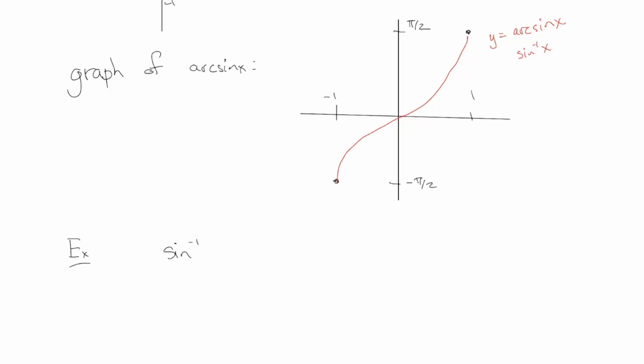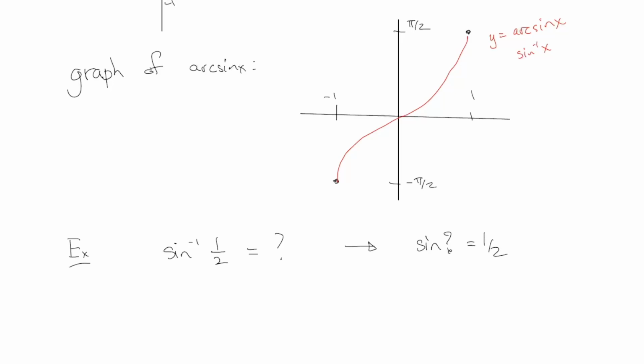It all means the same thing. You have to think about what that means: what is the angle whose sine equals a half? Another way to rewrite this, rather than as an arc sine, is as an ordinary sine. What I'm asking is, sine of what equals a half?